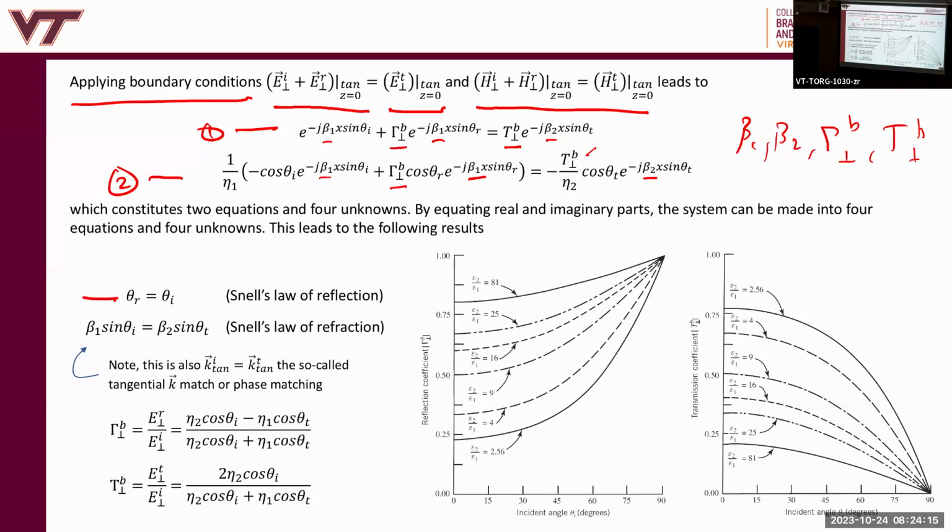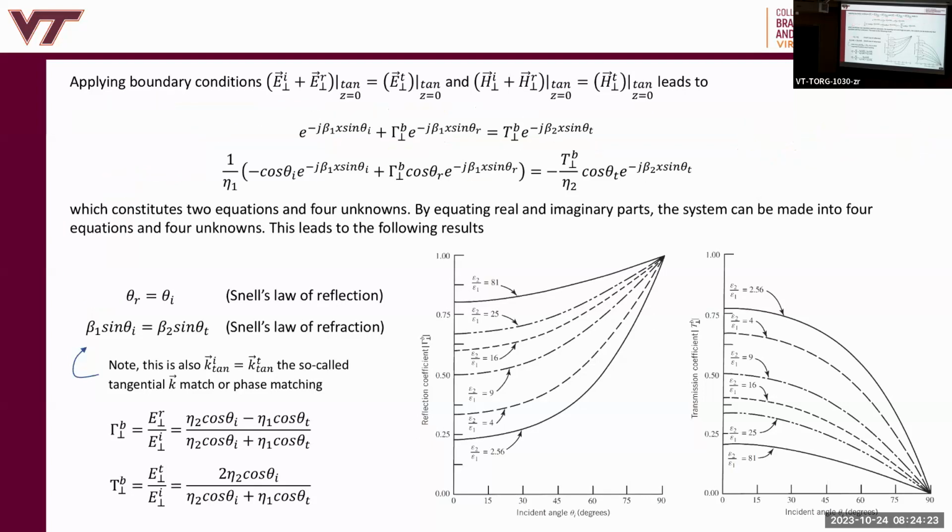reflected equals theta incident from Snell's law of reflection. How do we do that? Well, let's do that. So from the first equation, what do we see? We have x sine theta. I think you have to solve these together, right?